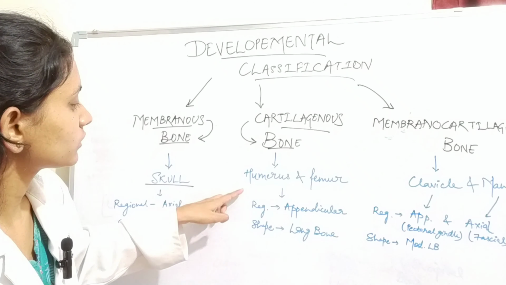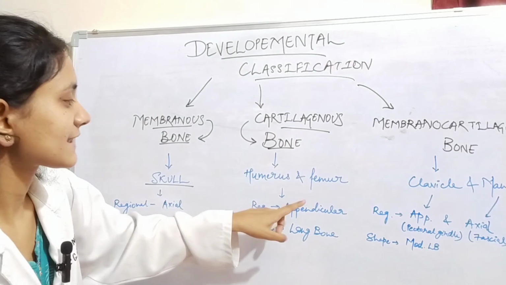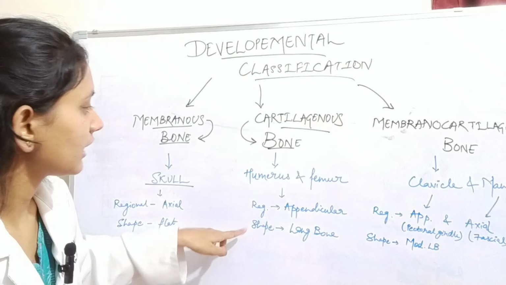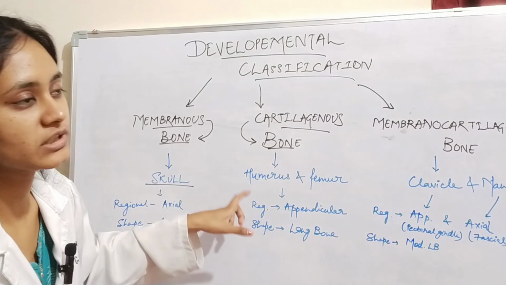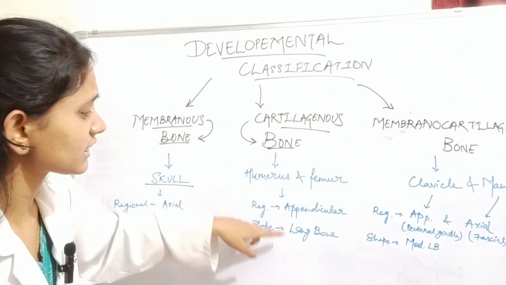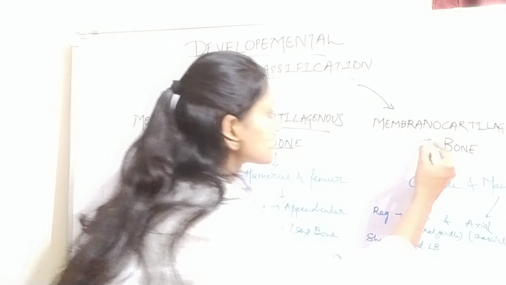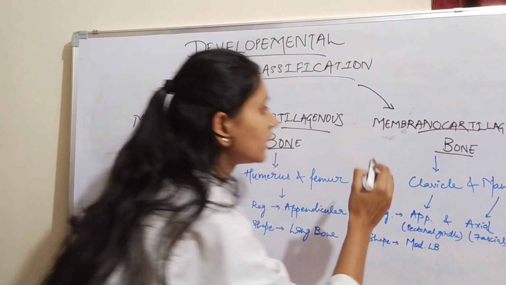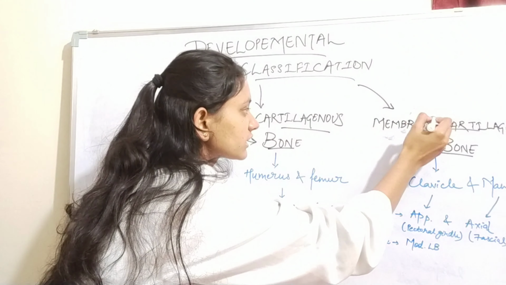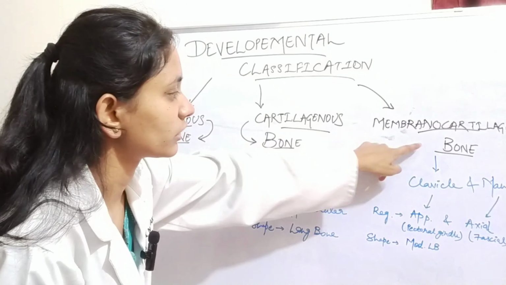The humerus, according to regional classification, is an appendicular skeleton. The humerus and femur, by shape, both come under long bones. Now we have membranocartilaginous bone. That is, it can be either membrane or cartilage first and then convert into bone.